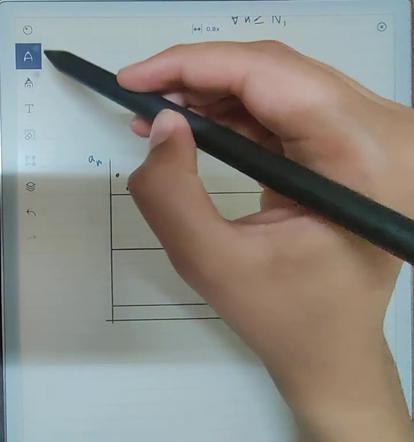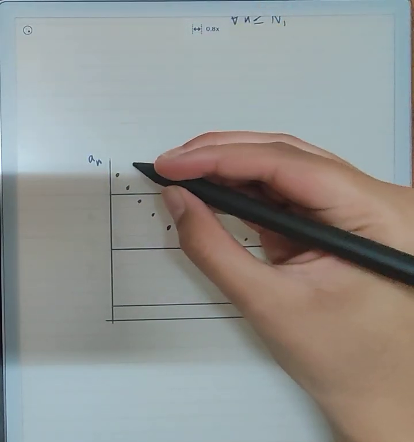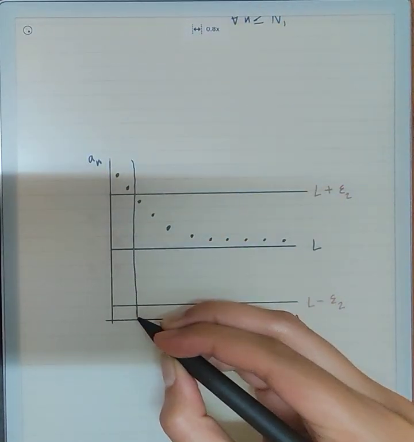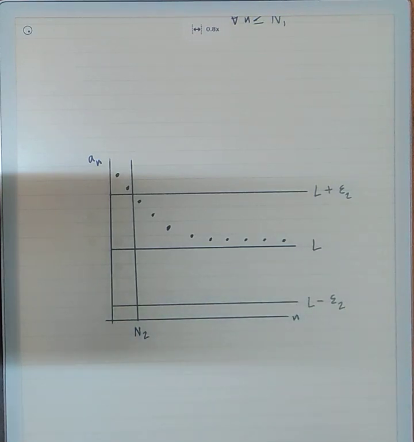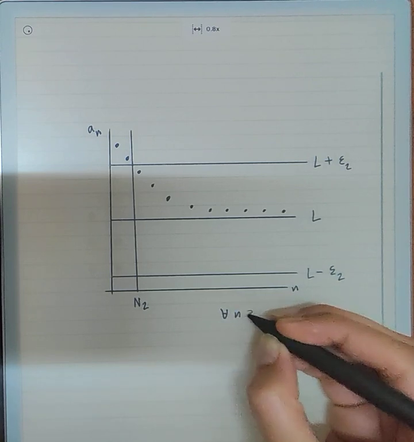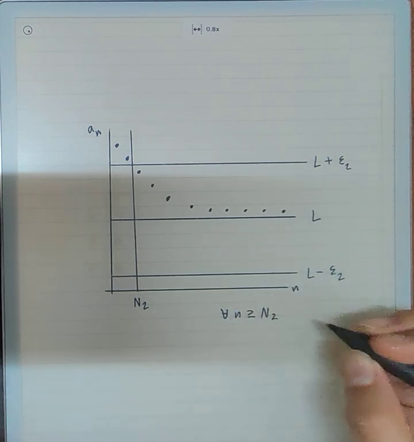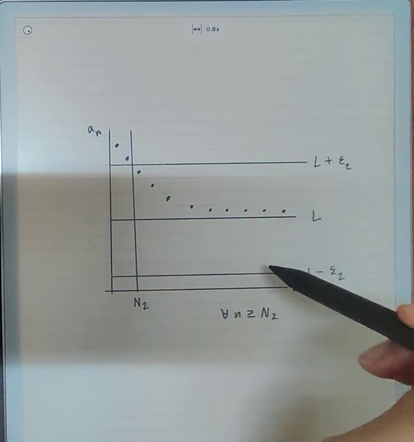Now let me define another value for n. I can say, let's do this right here. We'll call this n2. Same thing that we've been doing, for all n greater than or equal to n2, the elements in my sequence will fall within this neighborhood.